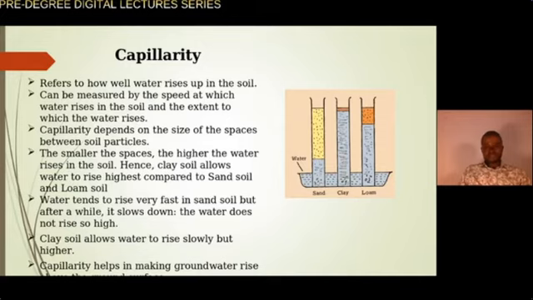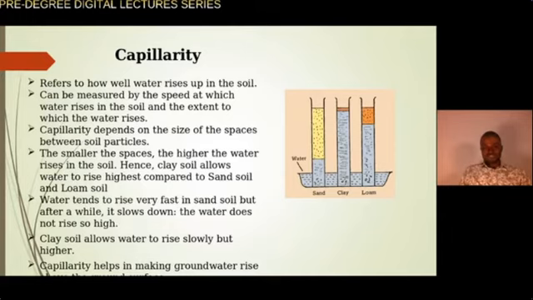From the experimental setup, it's shown that the spaces between particles in sandy soil are larger. That is why the water moves really fast, and within a short period of time it pauses, while those of the clay soil are very compacted and water moves continuously through the soil.